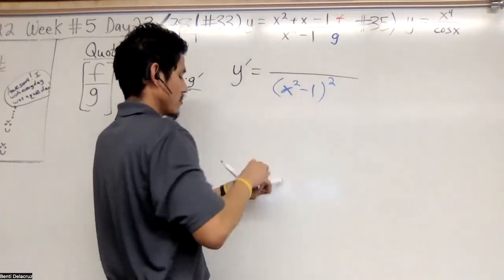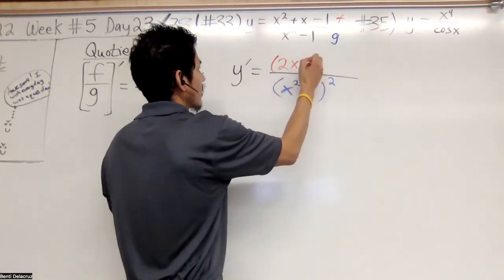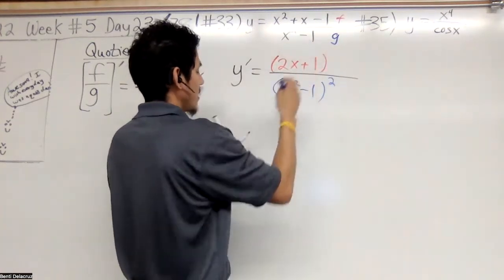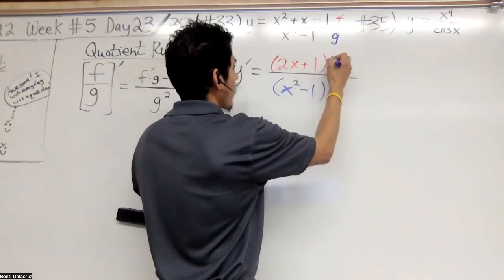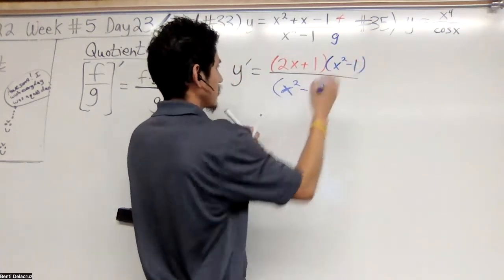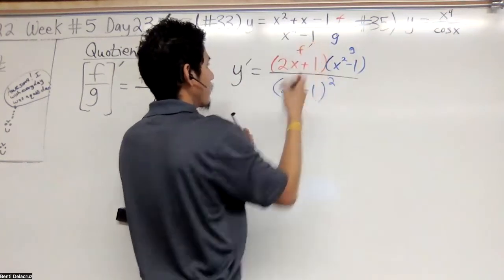So using the power rule, the derivative of f will be 2x plus 1. And then we multiply this just by g, so times g, so x squared minus 1. So here's our g, and here's our f prime.